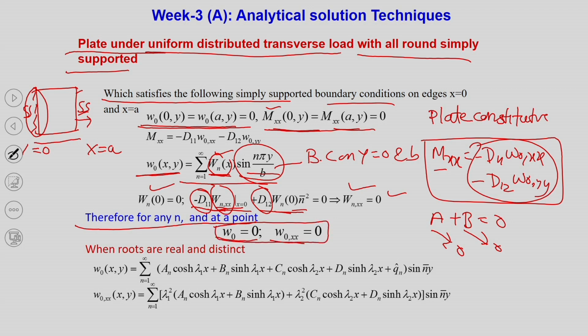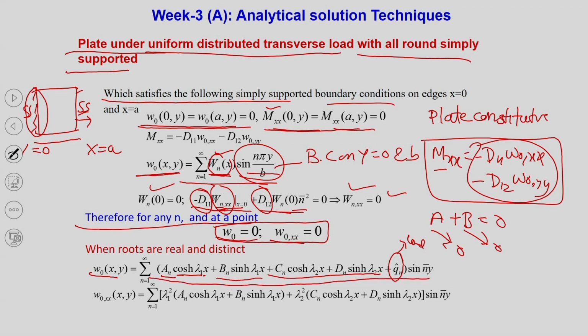W naught we know we express like this. When our roots are real and distinct, W naught can be written as An cosh(lambda 1 x), Bn sinh(lambda 1 x) and so on, plus the particular part from the loading. This is my solution.